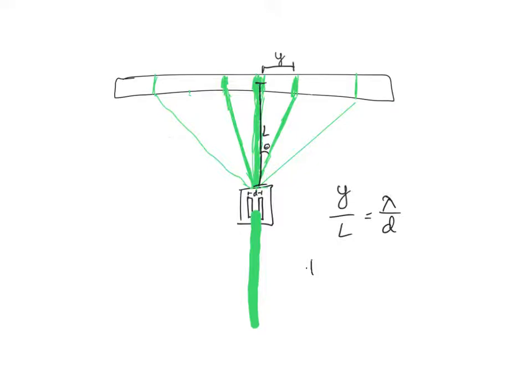And so I could say the tangent of the angle theta is equal to lambda over D. And there's what we call a small angle approximation that we get away with that says when you talk about these smaller angles, the tangent of theta is very, very close to the sine of theta. So technically like that.